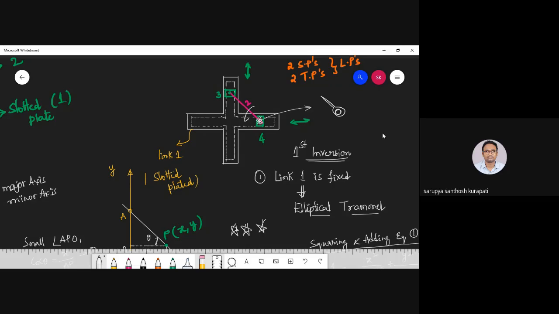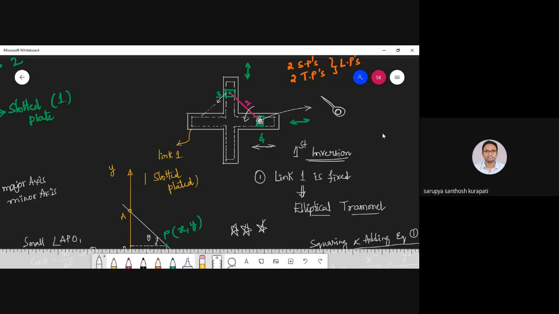When it starts rotating, it imparts some force on link number 3, that is the other slider. This slider is going to push or apply force on the slotted plate, like in our rotary engine. The slotted plate has to move in this particular direction, but there is a restriction that the slotted plate can only move in the positive and negative x direction. Why? Because the fourth link is fixed, so it is not going to move.